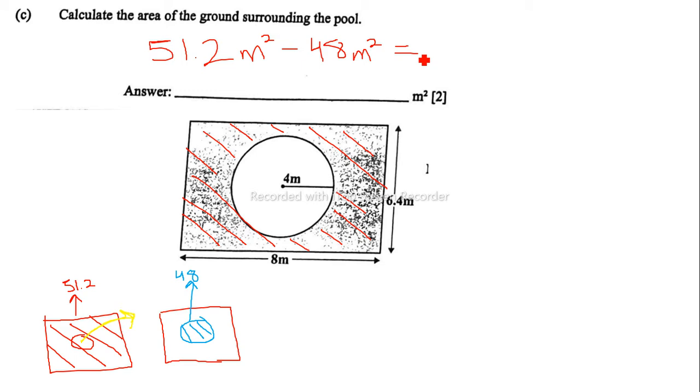Close. 3.2. 3.2 meters squared. Okay, so that's how we do it. 3.2 meters squared.